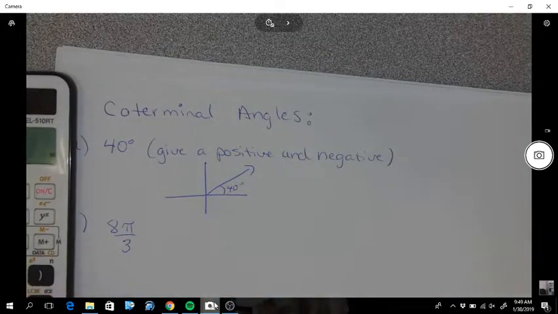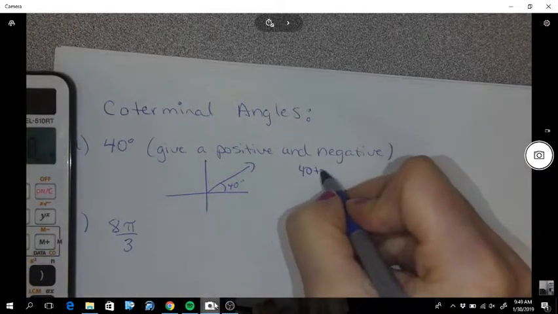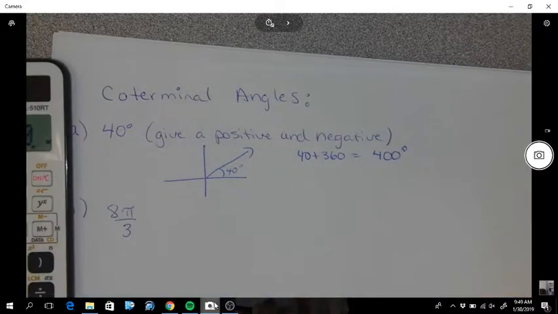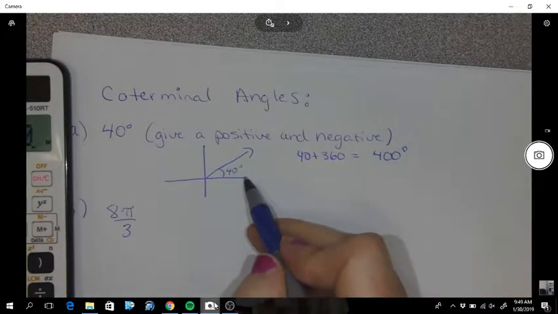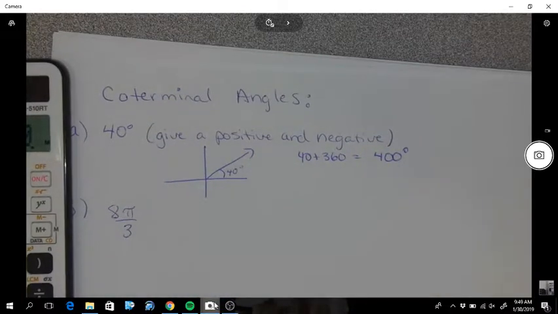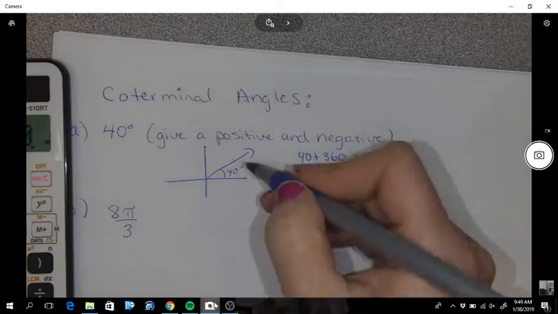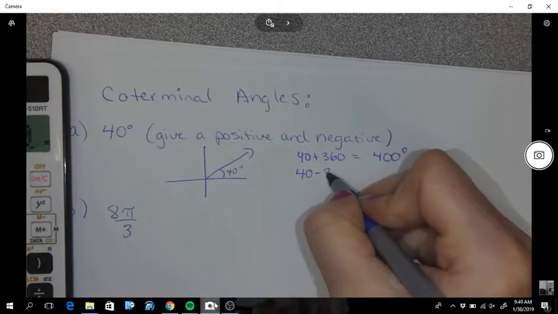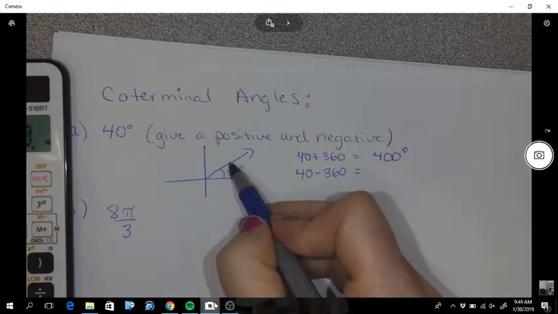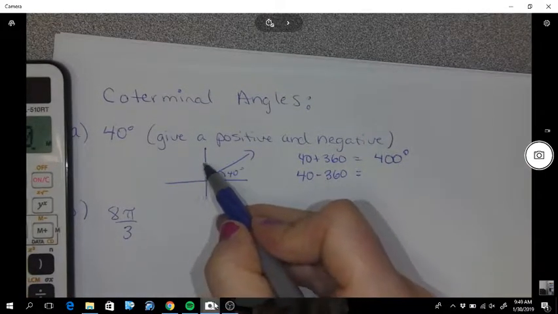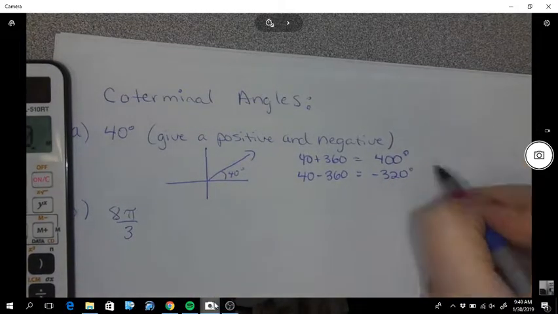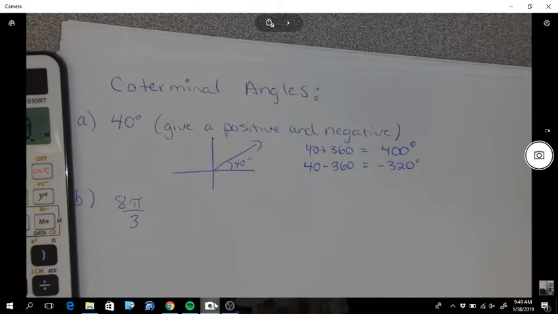So you would add 360, and if you had an angle that measured 400 degrees, you would go around and land right there again, same spot. And another way, because I asked you to do a positive and a negative, you could go from here and rotate all the way backwards 360. So negative 320 would also be in that exact position.